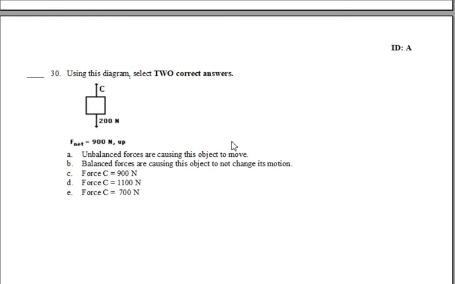Are the 2 A, unbalanced forces are causing this object to move, or B, balanced forces are causing this object to not change its motion? C, force C equals 900 newtons. D, force C equals 1100 newtons. Or is it E, force C equals 700 newtons? Please make sure you have chosen 2 answers.